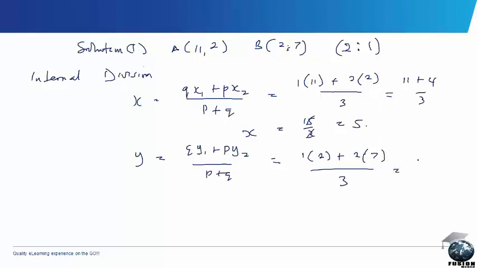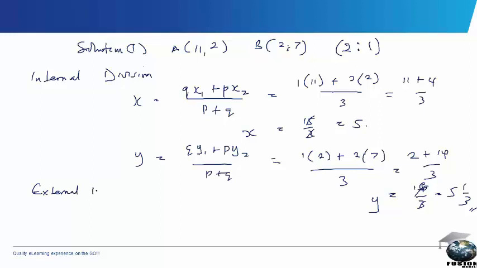So you have 2 plus 14 to give you 16 over 3. And so y will be equal to 5 and 1 over 3. Alright, so this is for the internal division. Now the external division.